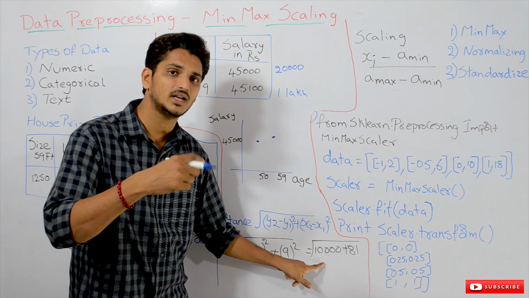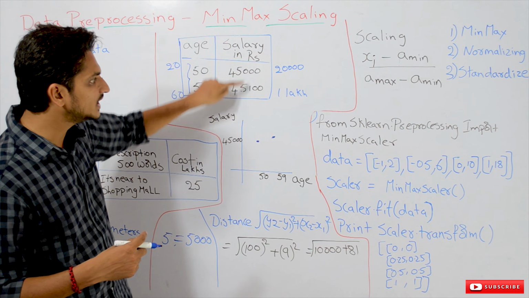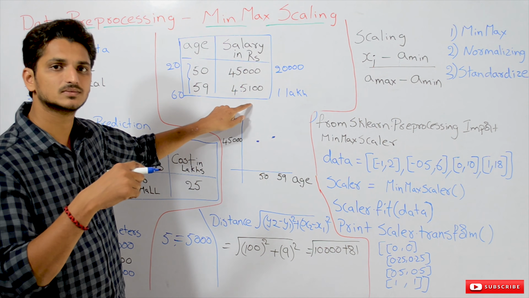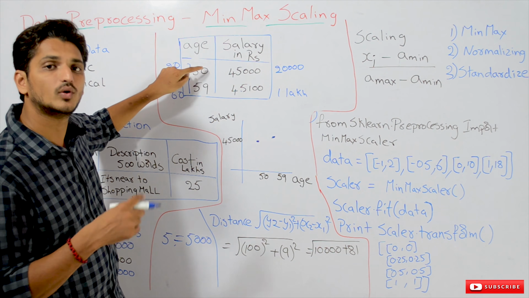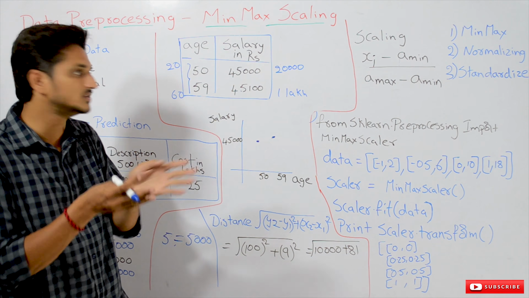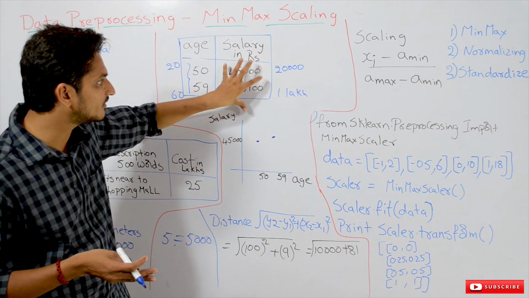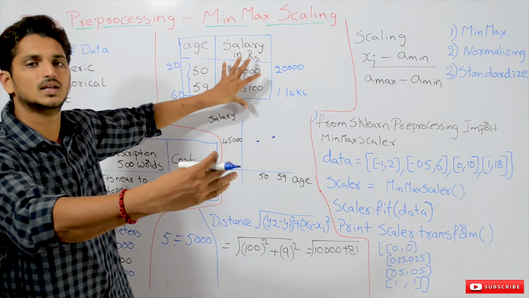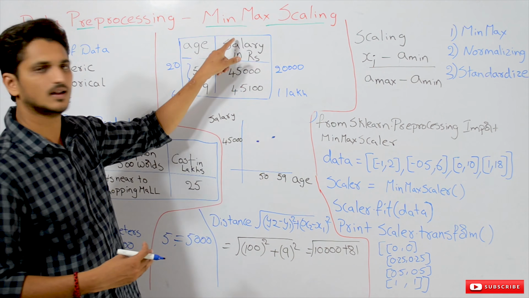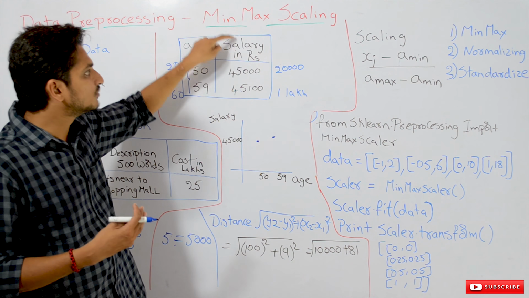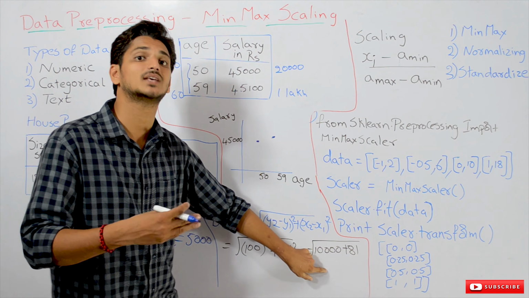Because the scale of these values is in thousands, while the scale of these values is between 20 and 60, meaning hundreds. That's why the distance is getting affected by sal. Means we are giving more importance to sal when calculating the distance, because the scale is different.